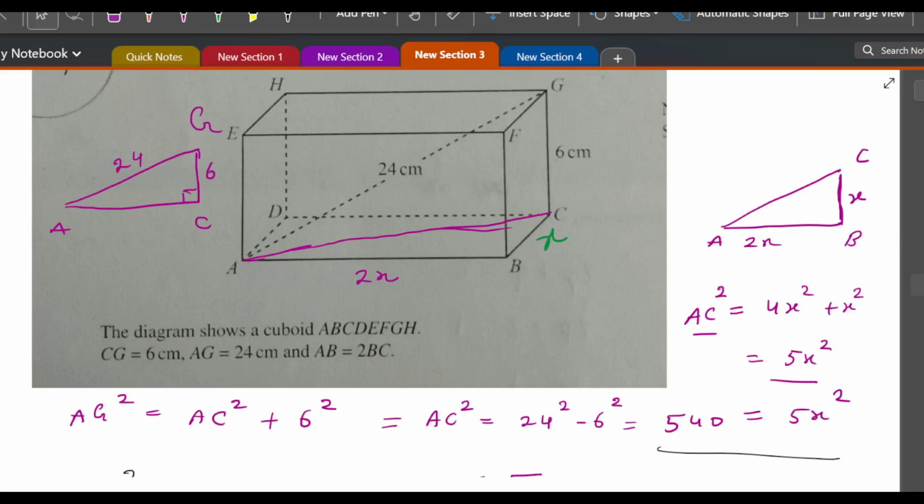Whatever they have given, based on that you have to proceed. These two triangles will help you get your answer. Sometimes they will not give AG, they will give AB and BC, and then they will ask. So accordingly, you have to apply Pythagoras theorem, and sometimes they will ask you for an angle, so trigonometry will also come into the picture.